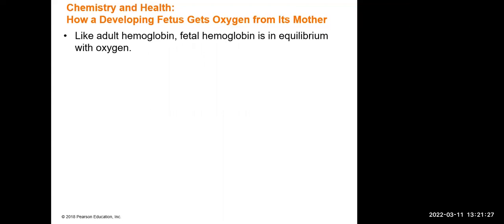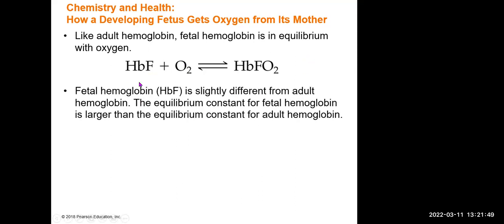Like adult hemoglobin, fetal hemoglobin is also in equilibrium with oxygen. Here we use HbF to represent the hemoglobin of the fetus, and it is a little different from the adult's hemoglobin.